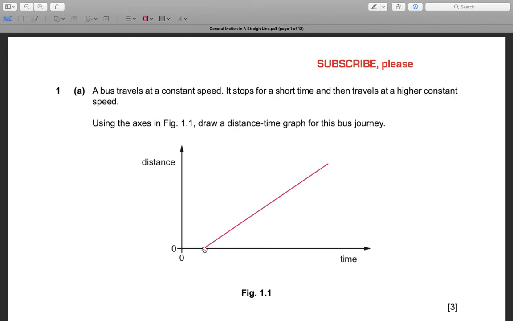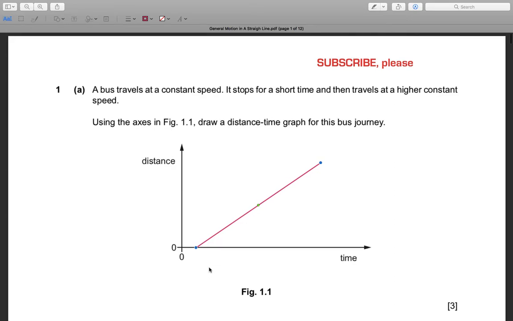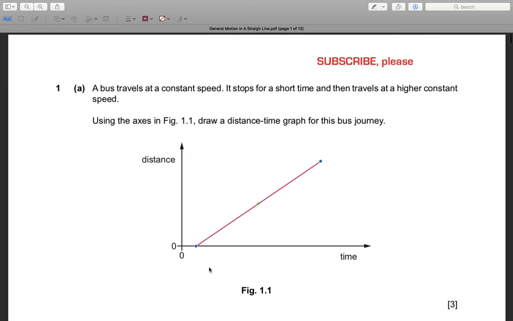And why start from here? Because the bus stops for a short time. Let's say this is the short time, maybe around here. This is the best answer for number 1A.